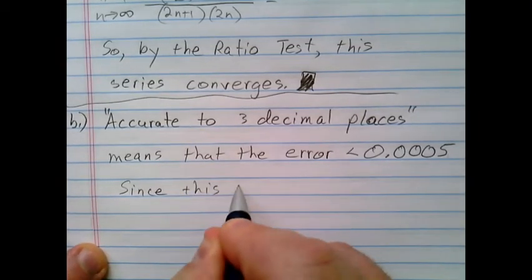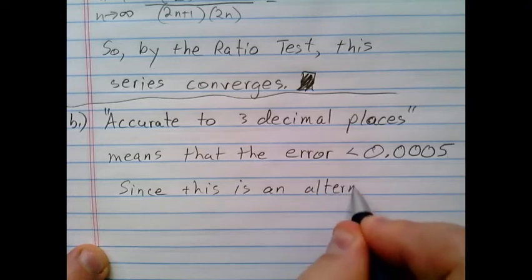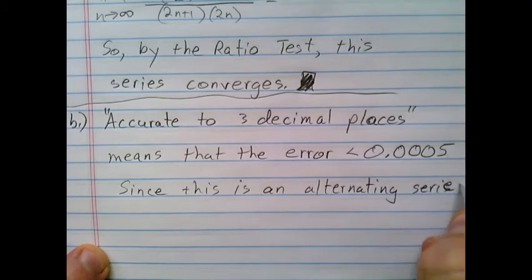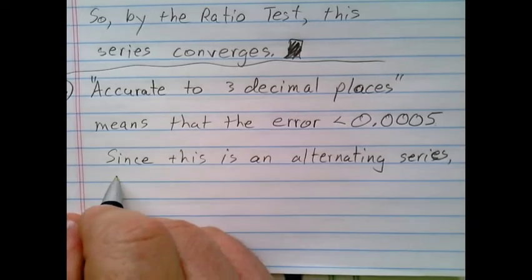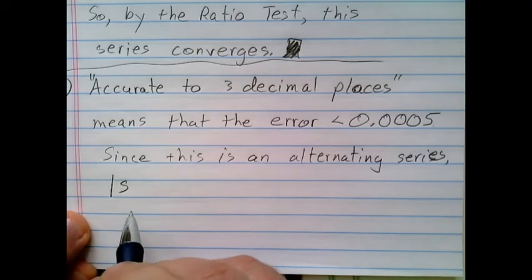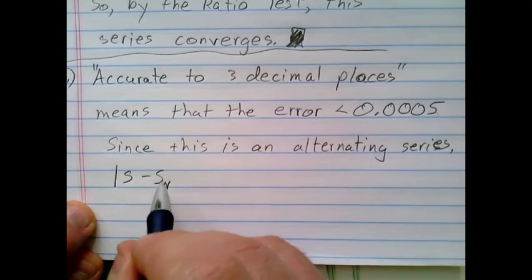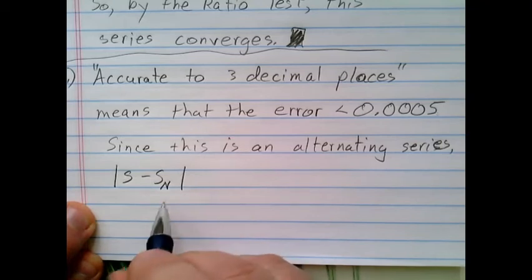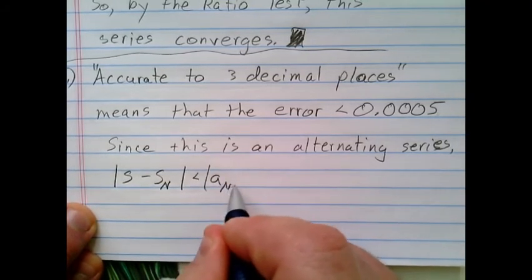But then, since this is an alternating series, if I were to take the difference between, let's let S be the sum of the whole series, and S sub n be the partial sum of the first n terms, that difference has to be less than the absolute value of the n plus 1 term.